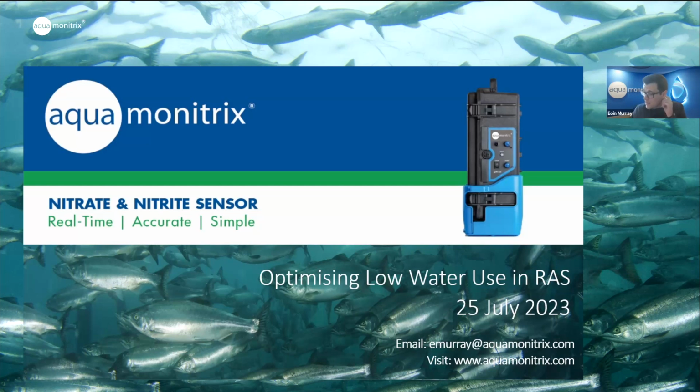Yeah, no, it's such an important question, and it's something that we've been working on, and we continue to work on very, very much. Ideally, we're trying to integrate ammonium within the system, so that's in development. Of course, the ideal scenario is to have the real-time data on nitrite, nitrate, and ammonium within a single unit.